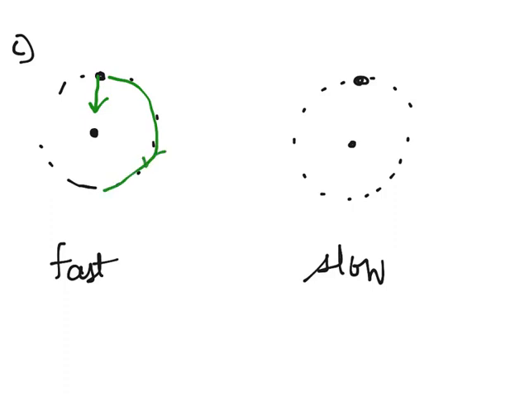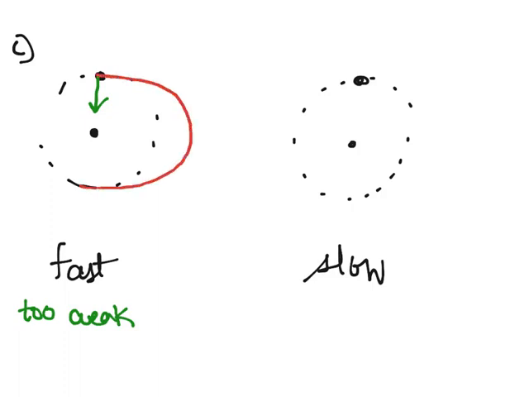Another way of saying that the satellite is too fast is to say that gravity is too weak. What you can imagine is that if gravity is too weak, this thing will actually go out further than a circle, and you'll get kind of an egg-shaped orbit outside of the circle. So gravity is too weak.